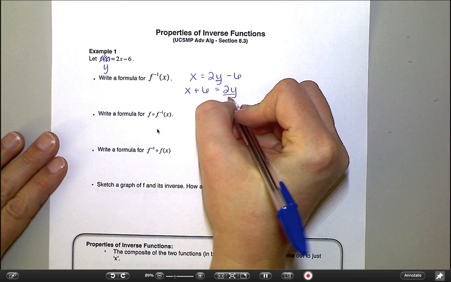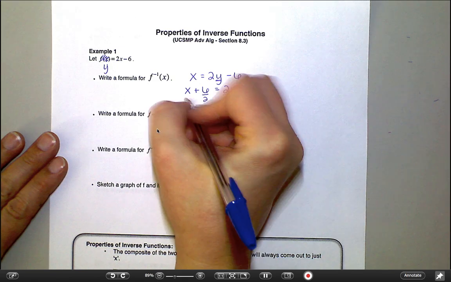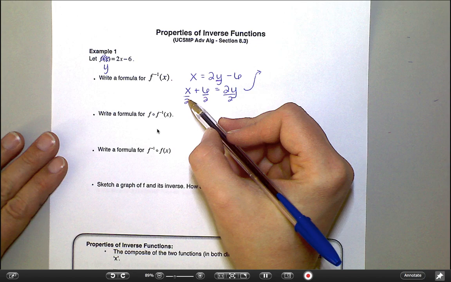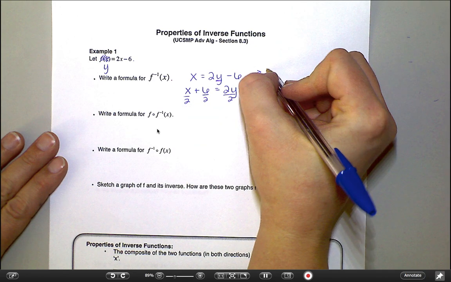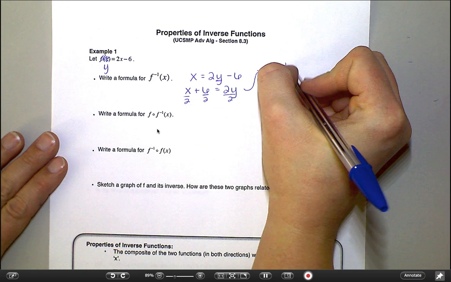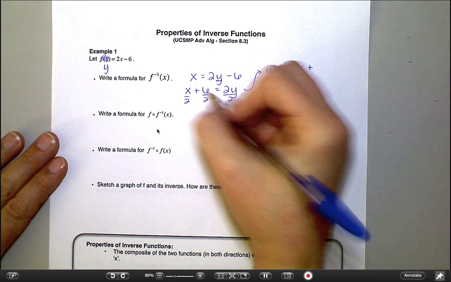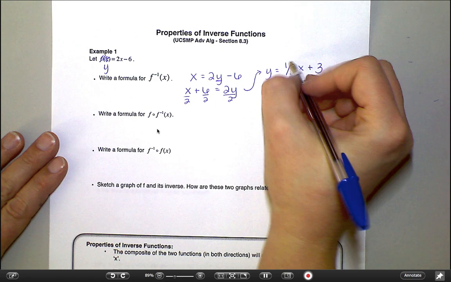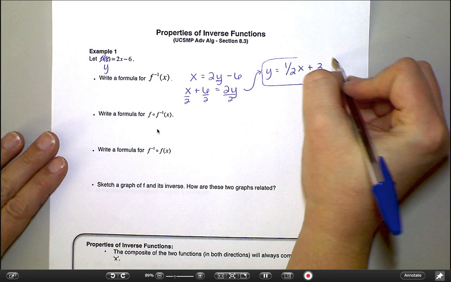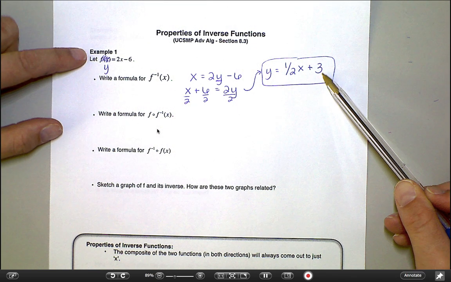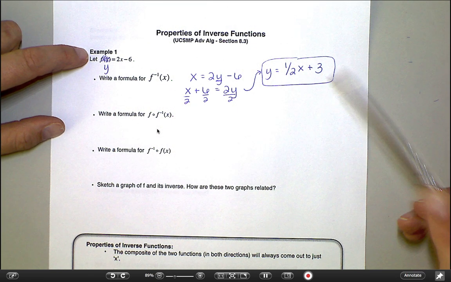Make sure that you divide each piece individually by the 2. And I'm going to rewrite this as 1/2 x, just because that's how we're used to writing it. If you wrote it as x over 2, that's okay. Plus, and then 6 over 2 is equal to 3, and this is what I would put down as my inverse, okay? So these two equations are inverses of each other, okay?